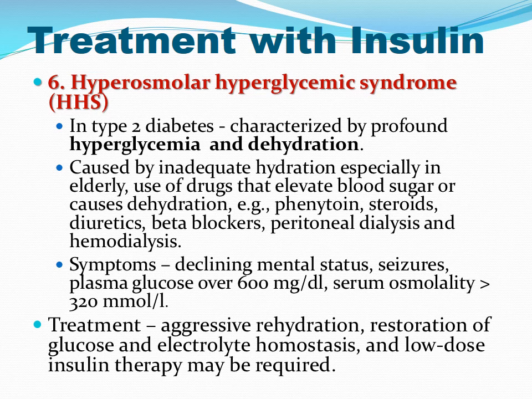Symptoms: declining mental status, seizures, plasma glucose over 600 milligrams per deciliter. Treatment usually starts aggressively with rehydration, restoration of glucose and electrolytes, and low dose insulin therapy.